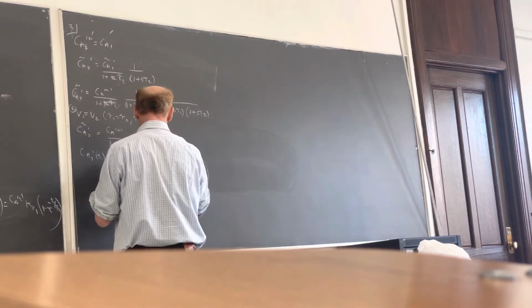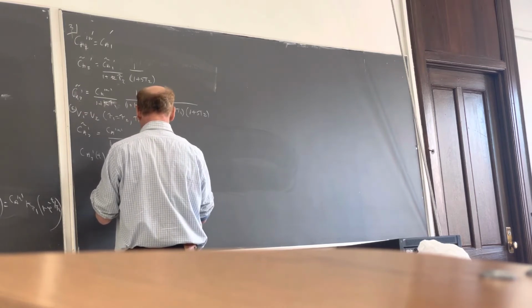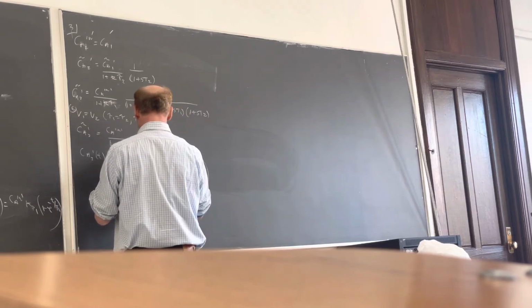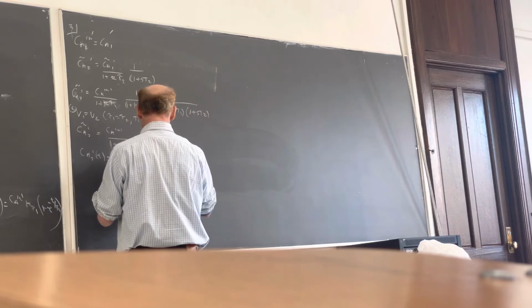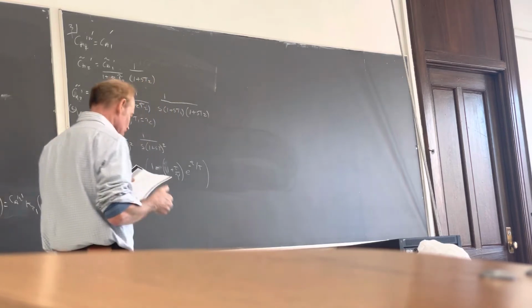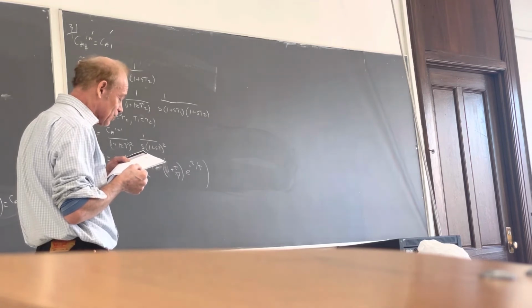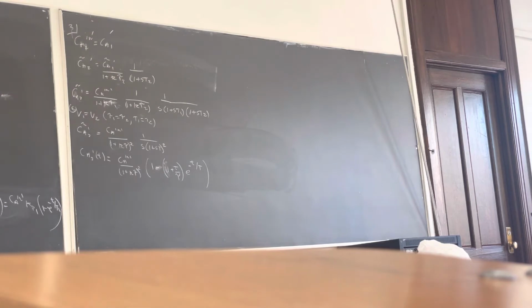Let's get this right. So it's 1 minus 1 plus t over tau, times e to the minus t over tau. Yeah. So that's the solution without much algebra.